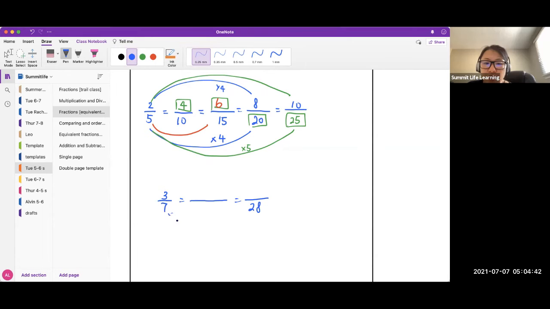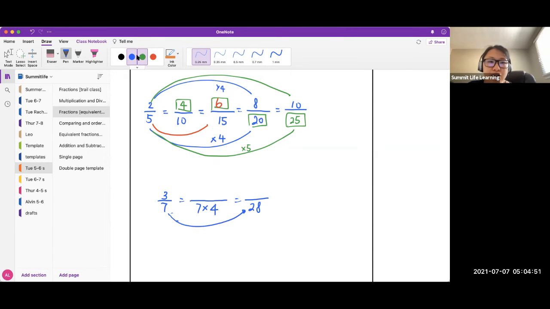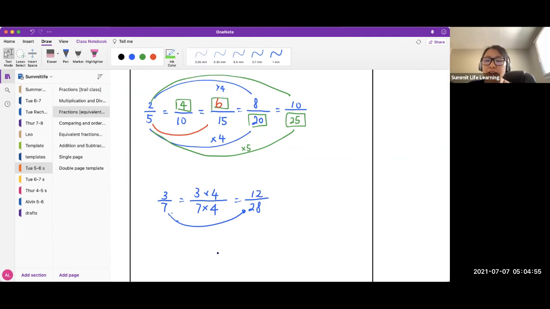From 7 to 28. What is the number? 7 to 28. Yeah. 4. Yeah, 4, right. So you have 3 times 4 equals 12. Yeah, correct. Okay, that's what we have done last time.